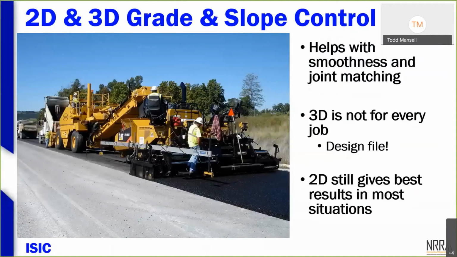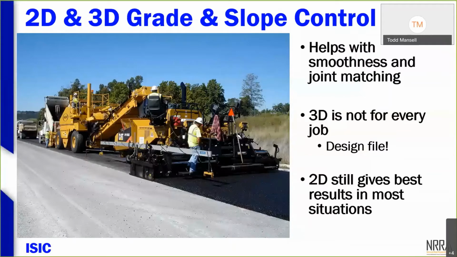Some other technologies here: 2D, 3D grade control. So again, these are really going to help with smoothness. They're going to help with joint matching when we're paving adjacent lanes. NARS is going to talk more on the 3D part, but one thing I would like to emphasize, and I think we're on the same page on this, is 3D is great technology, but it's not for every job.